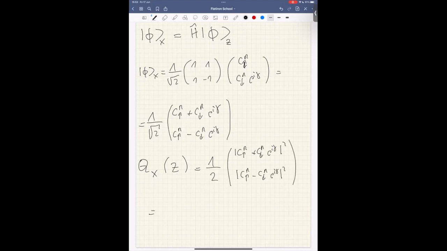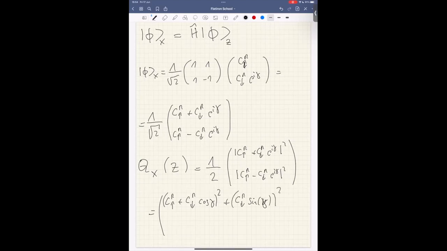Now I have to do a little bit of algebra. In the first case, the real part is C up R plus C down R cosine gamma, and this is squared, plus the square of the imaginary part, which is nothing but C down R times sin gamma, everything squared.